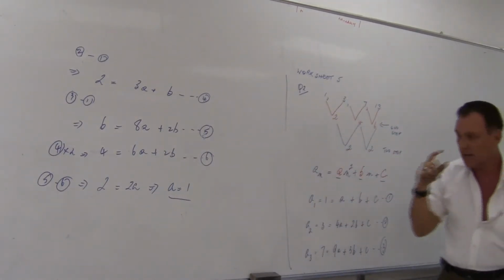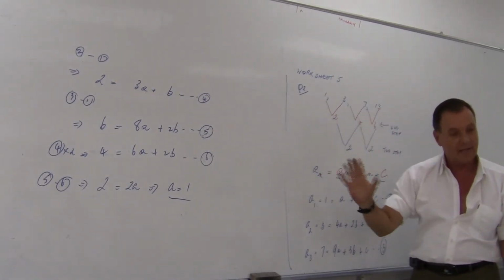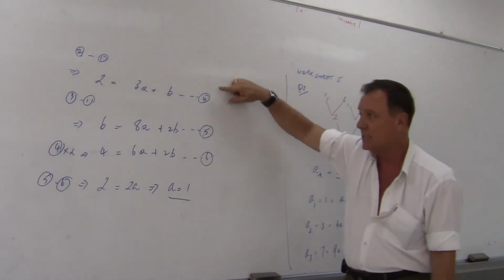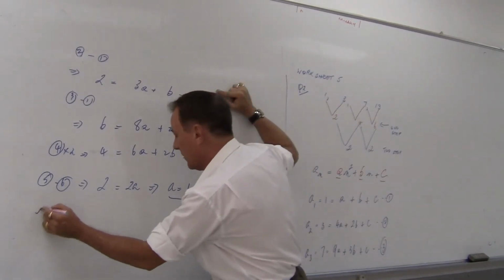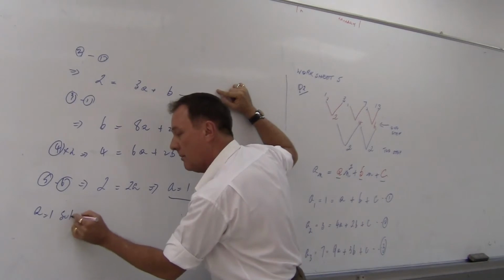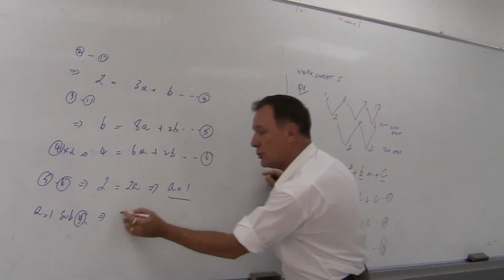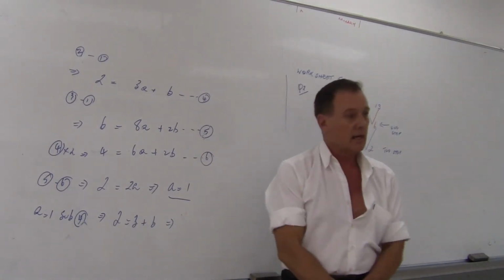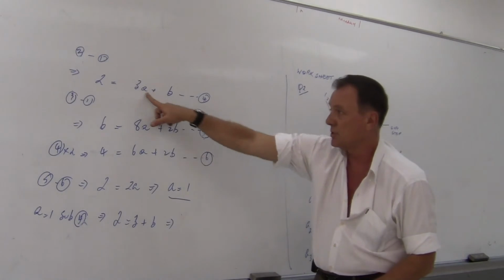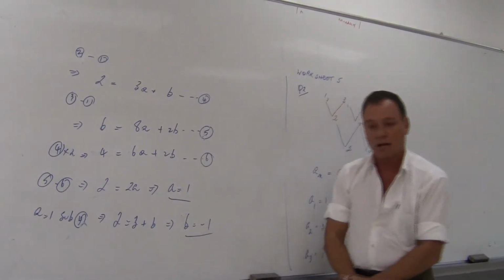Yes? Now, if A equals 1, go back and substitute into any of the equations involving A. Here's a simple one to substitute into. If I sub it in 4, so A equals 1, sub into 4, let's see what we get. A equals 1, I'll get 2 equals 3 plus B. So, 2 equals 3 plus B, B is going to equal negative 1.